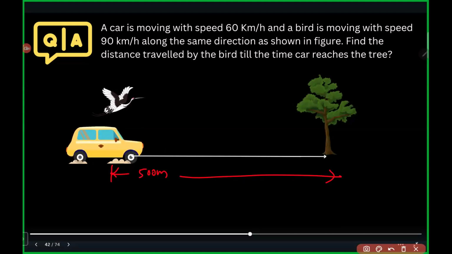You can solve it now, no? I hope everyone will get the answer, no? Yes, got the answer.